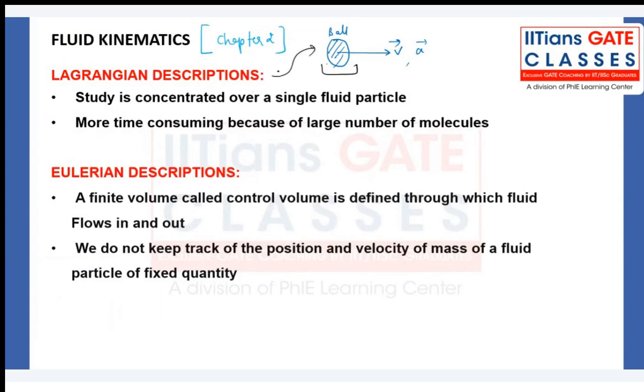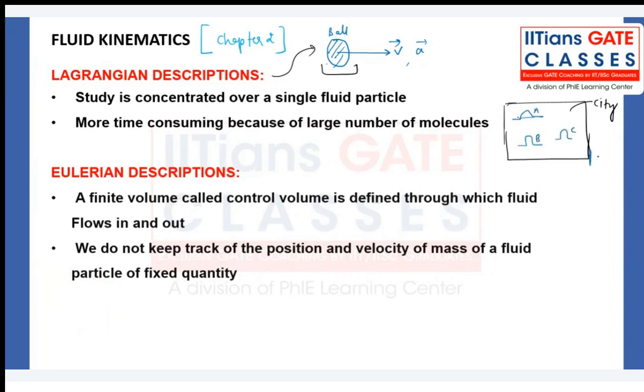Right? Now, instead of focusing on a single particle, we are focusing on a single control volume, on a single place. For example, in a city, you have the car A, you have car B, you have car C, and here you have the India Gate.